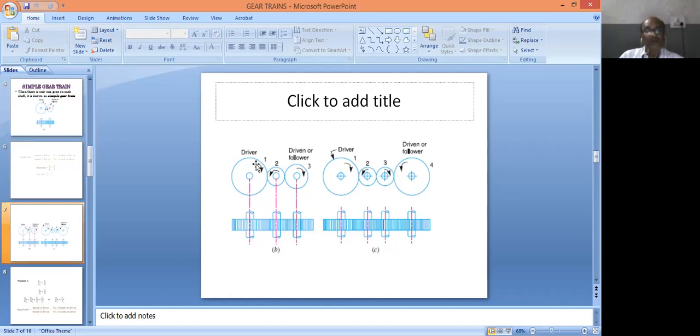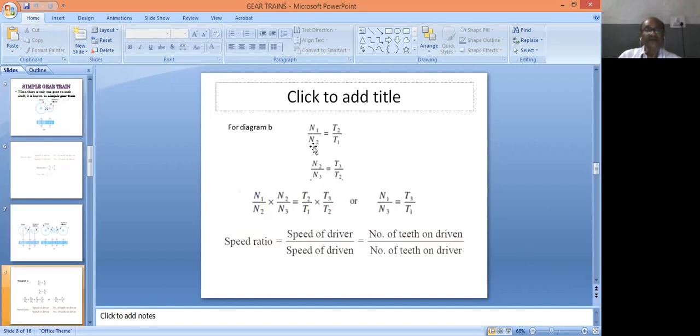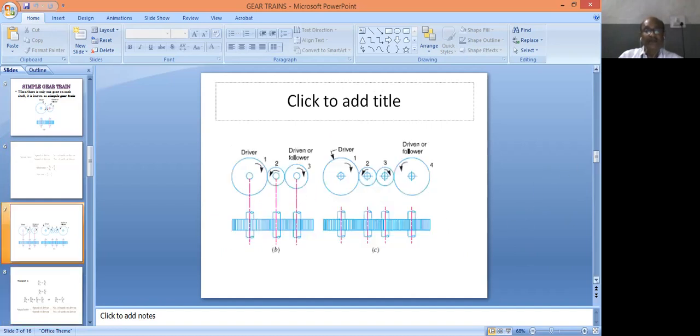Here, driver gear 1 drives the intermediate gear 2, and intermediate gear 2 drives the follower gear 3. In diagram C, between the driver gear 1 and the follower gear 4, there are two intermediate gears. For the speed ratio, the same formula applies. For diagram B, the speed ratio is N1 by N2 equal to T2 by T1, comparing gears 1 and 2.